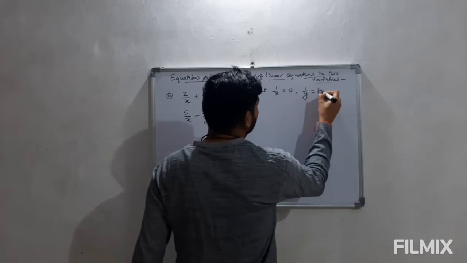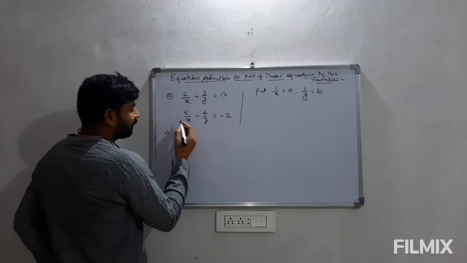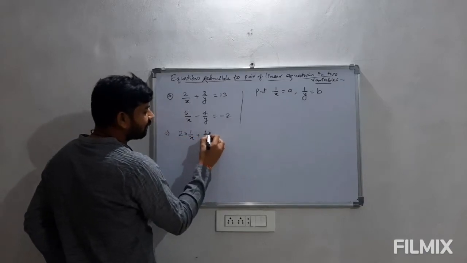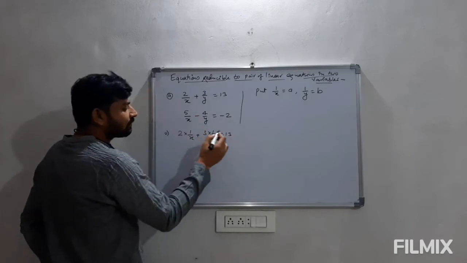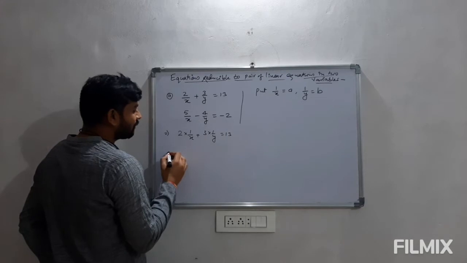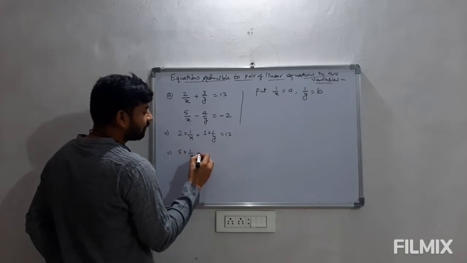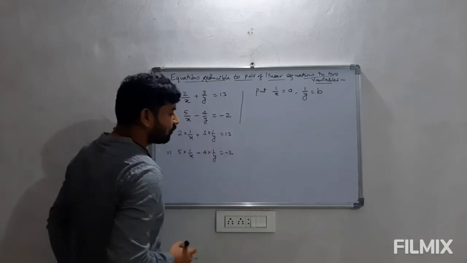upon y as b. When we look at these two equations, they are written like this: 2 into 1 upon x plus 3 into 1 upon y is equal to 13, and 5 into 1 upon x minus 4 into 1 upon y is equal to minus 2.